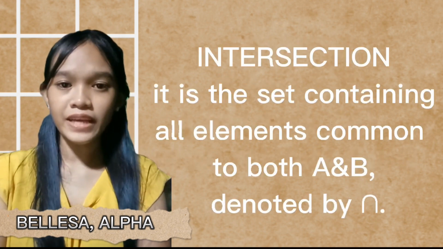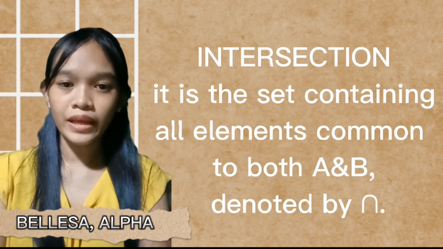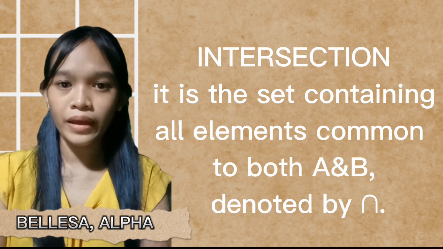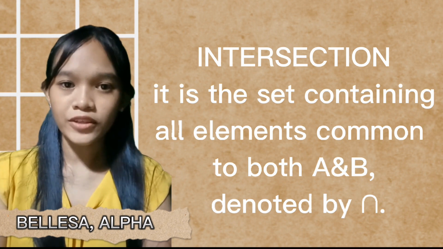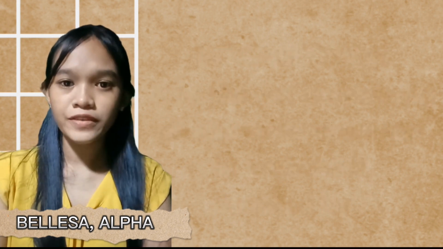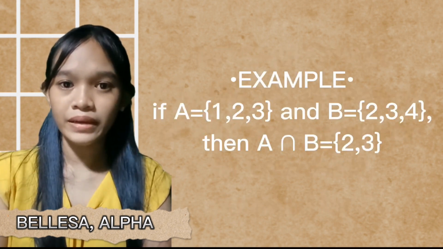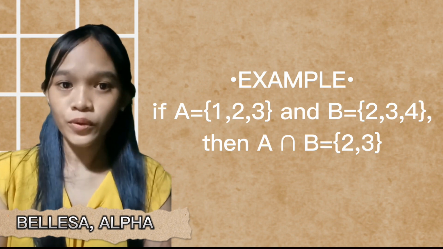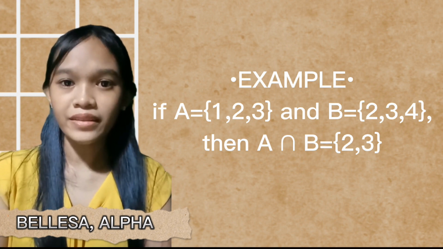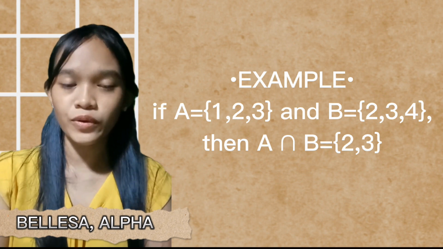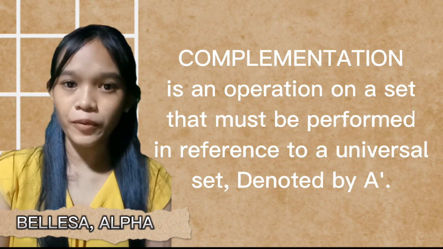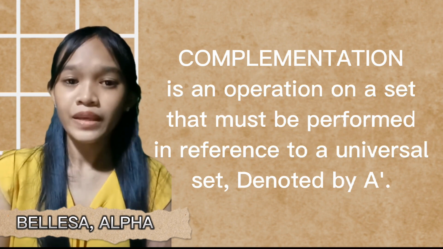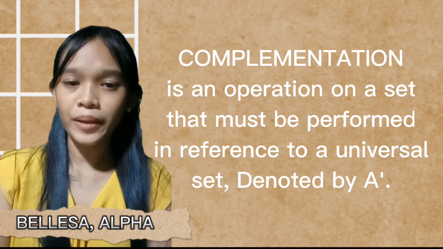Next is intersection. It is the set containing all elements common to both A and B, denoted by an upside-down U, or intersection. For example, if set A equals {1, 2, 3} and set B equals {2, 3, 4}, then A intersection B is equal to {2, 3}. Next is complementation. It is an operation on a set that must be performed in reference to a universal set, denoted by A.